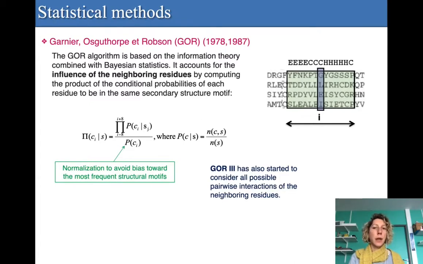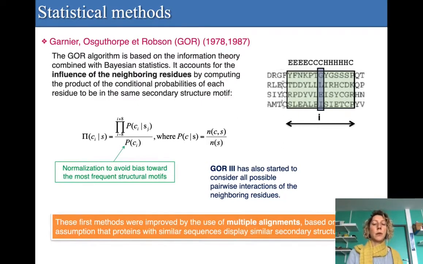And then in the improvements, you have pairwise interactions of the neighboring residues that are accounted for. So here it's really just to account for the neighboring residues, but without explicit representation of the coupling of the dependencies you can have. It's just a product, so it's essentially independent. But then you also have pairwise interaction in improvements.